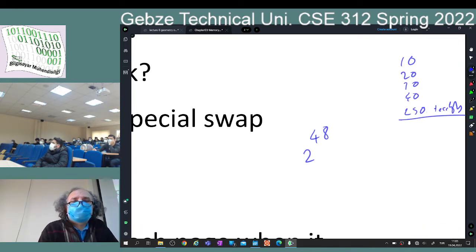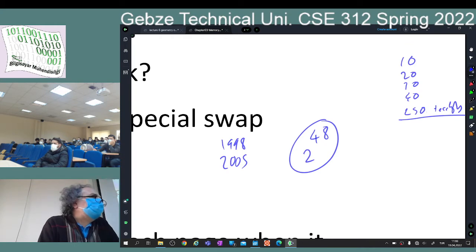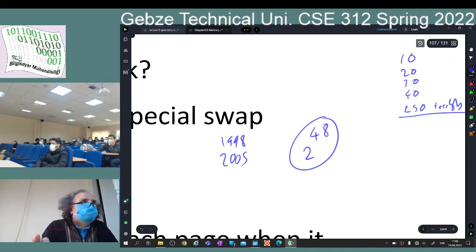But I am talking about 2005 or maybe 1998. During those days, the Intel architecture was able to support these kind of virtual addresses. So these kind of disks did not exist at those times.